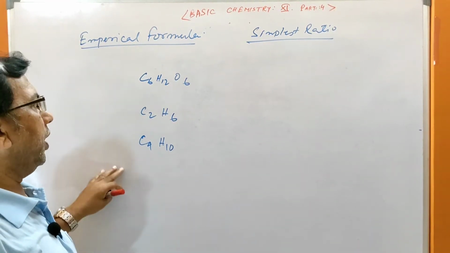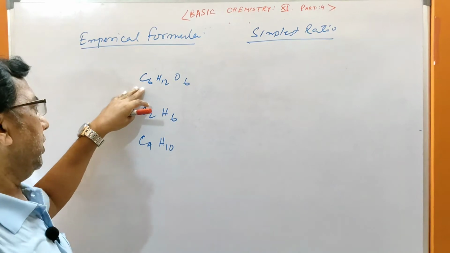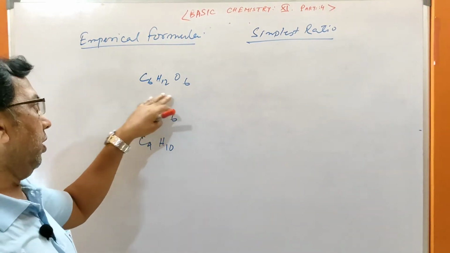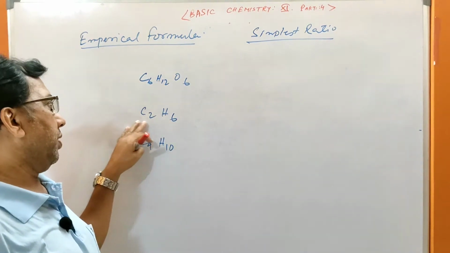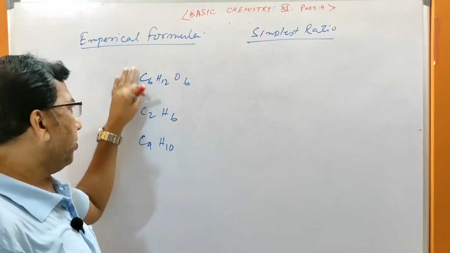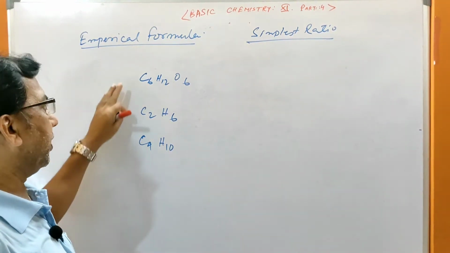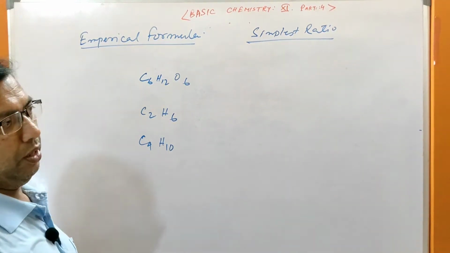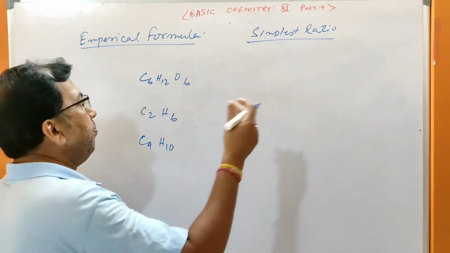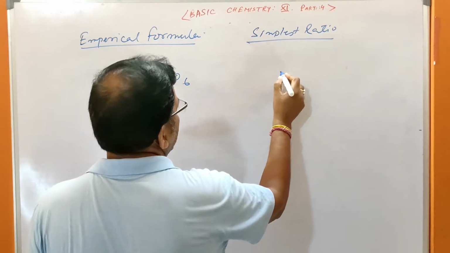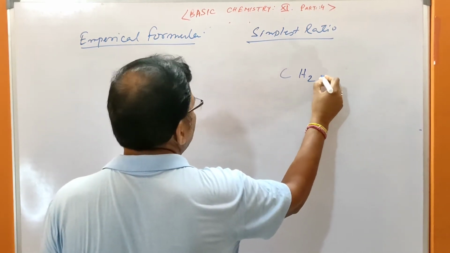From this molecular formula, we can write the number of carbon, hydrogen, oxygen atoms, and you can easily know the total number of carbon and hydrogen in each compound. This is the actual formula of a molecule. That is the molecular formula. But the empirical formula is the simplest ratio. Simplest ratio means it will be CH2O.